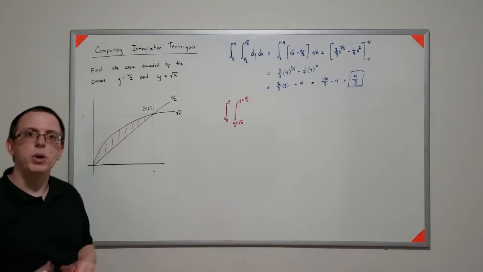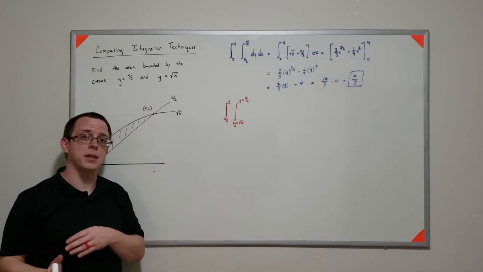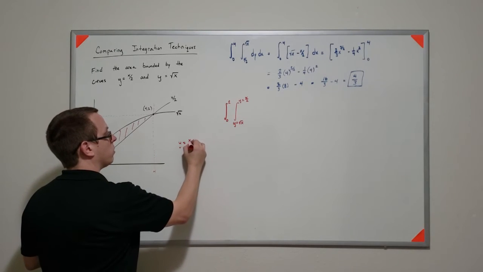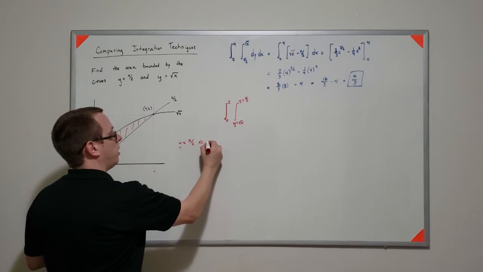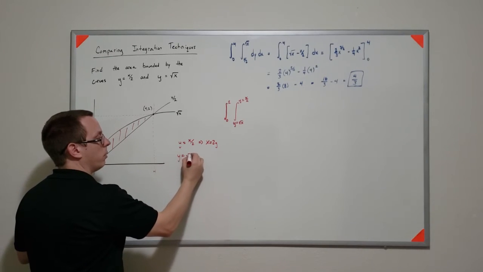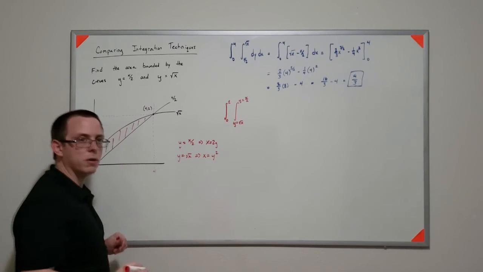So I have that, but I don't want y as a function of x. I want x as a function of y. So if y is x over 2, that means that x is 2y. And if y is the square root of x, it means that x is y squared.